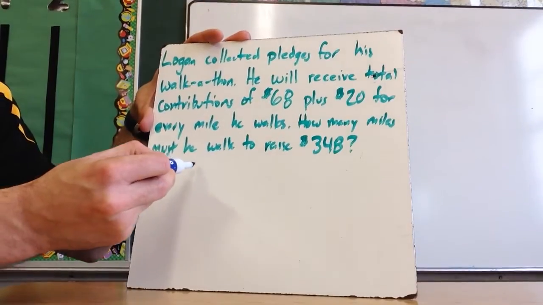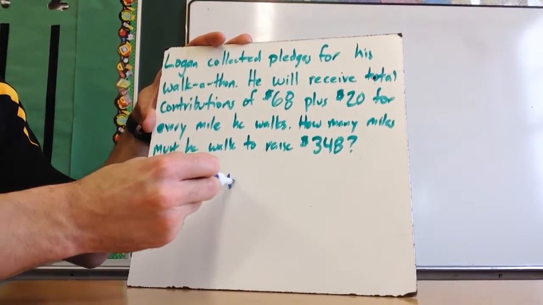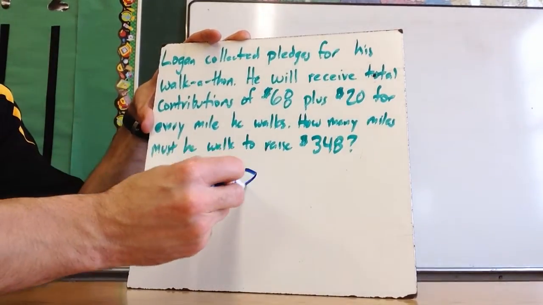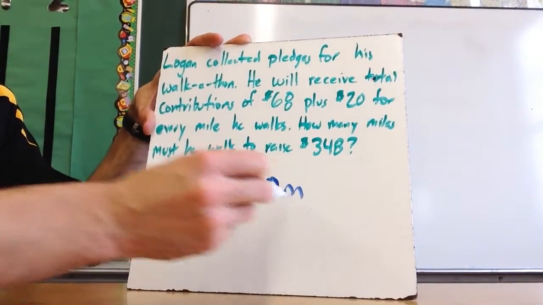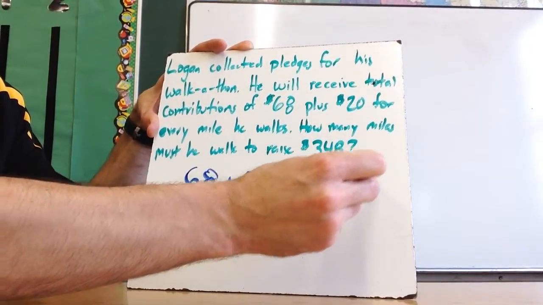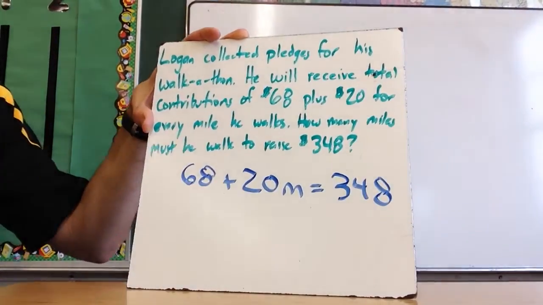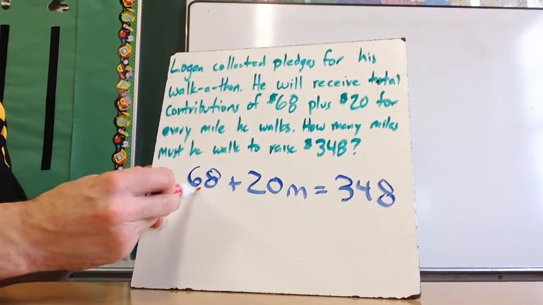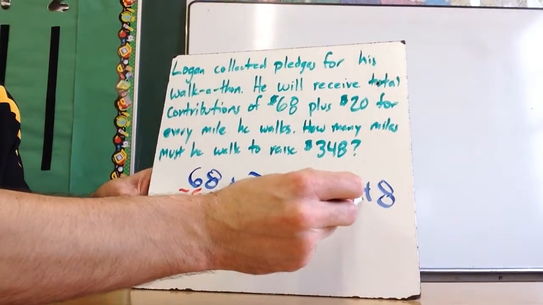So I take 68, which is a flat $68 contribution, plus he's getting $20 for every mile that he walks. And I want to figure out if he's going to raise $348, how many miles must he walk? All right, so the first thing I'm doing here is subtracting 68 from both sides.